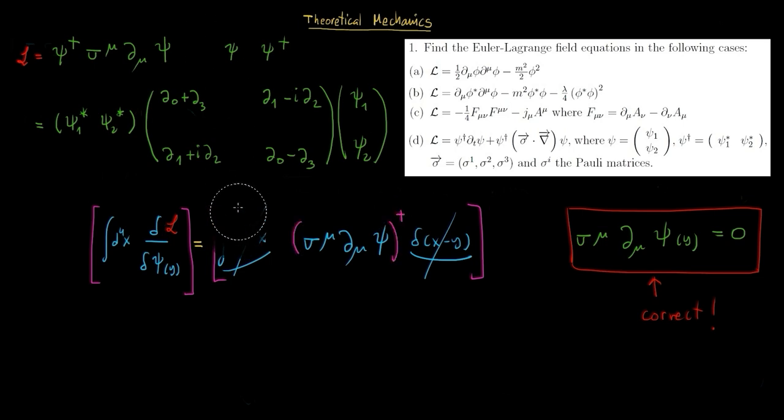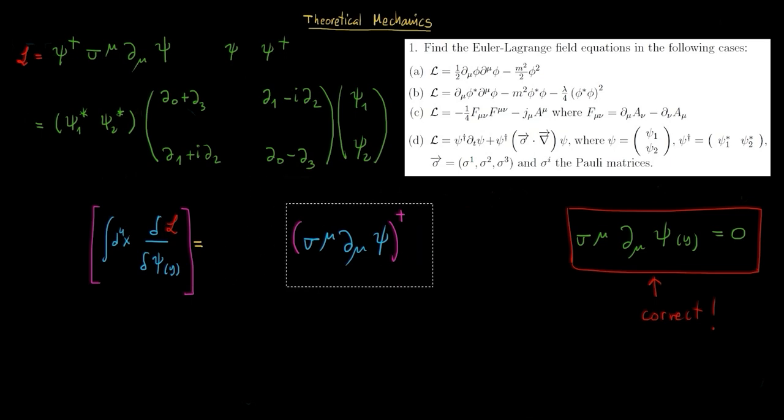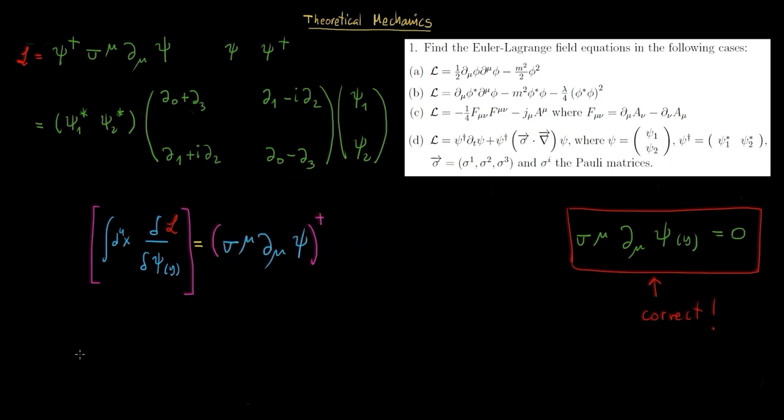But you know from quantum mechanics that (AB) dagger equals B dagger A dagger.